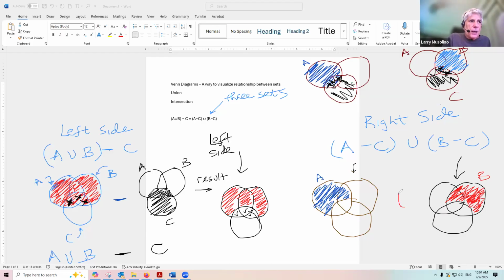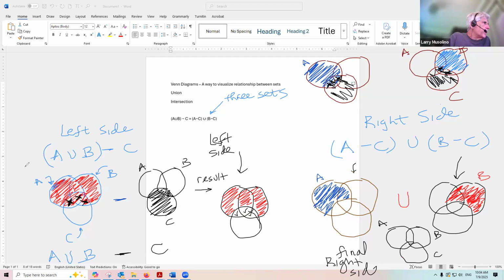Now, finally, I'm going to do the union of these two Venn diagrams. Union means combine the shadings together. So let me do that down here. Here's the final result for the right side. Here's A, B, C. Let me do the final shading here, maybe in purple.